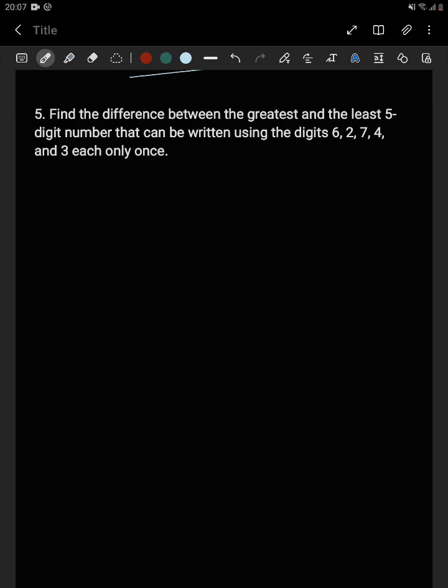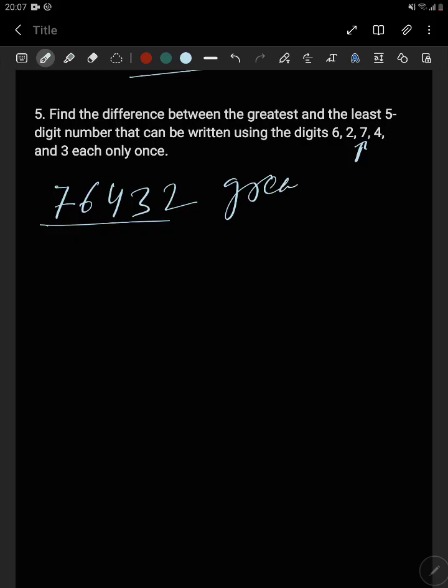So if you want to make the greatest number, then you need to start from the greatest number among them. So 7 is the greatest, so we'll start with 7. Then the second greatest, that is 6, and then third greatest is 4, and then the other ones, that is 3 and 2. So this is the greatest number that can be made from these digits.